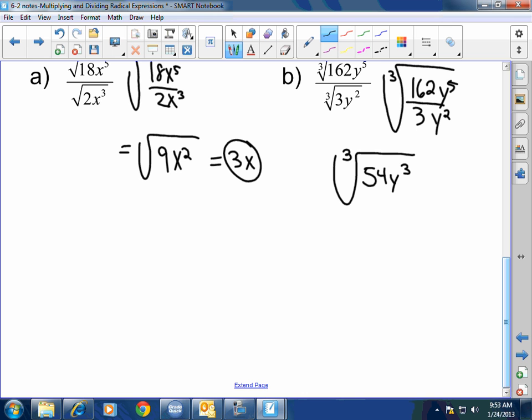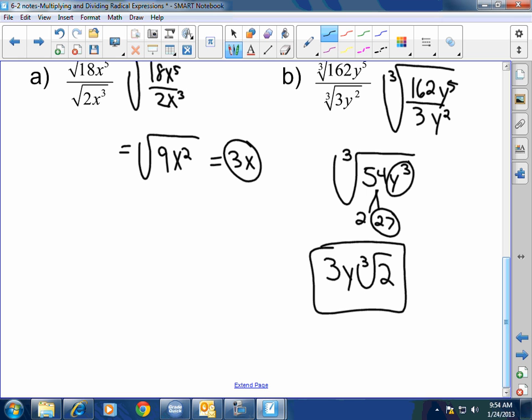Now the cube root of 54, let's break it down: 2 and 27. Wait a second, I know the cube root of 27 is 3, and I get y because I have y cubed. 3 divided by 3 is 1. You have one set that comes out, and I have the cube root of 2 left over.